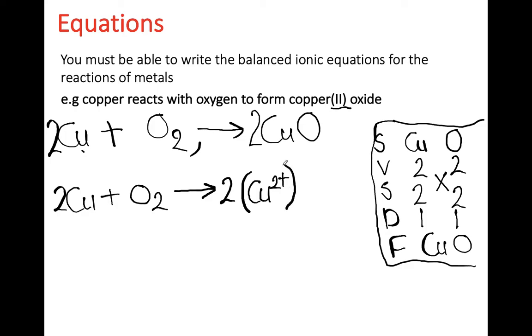The charge on the copper ion is the same as its valency. Because it's a metal, it would be a positive ion. Our oxygen has a 2 minus charge. And that is your full balanced ionic equation for the reaction of copper with copper 2 oxide.